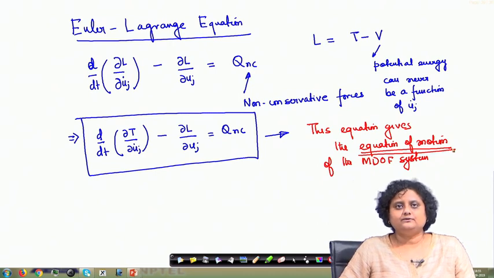So, this is the famous Euler Lagrange equation and is very commonly used to find out the equation of motion of a complex vibrating system.